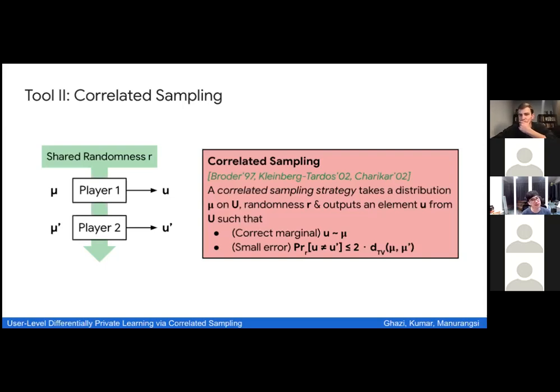Yeah, this is correct, but now that you say it this way, it also seems weird. I'm not sure. What would be the difference between the randomness being from player one or from the external source?